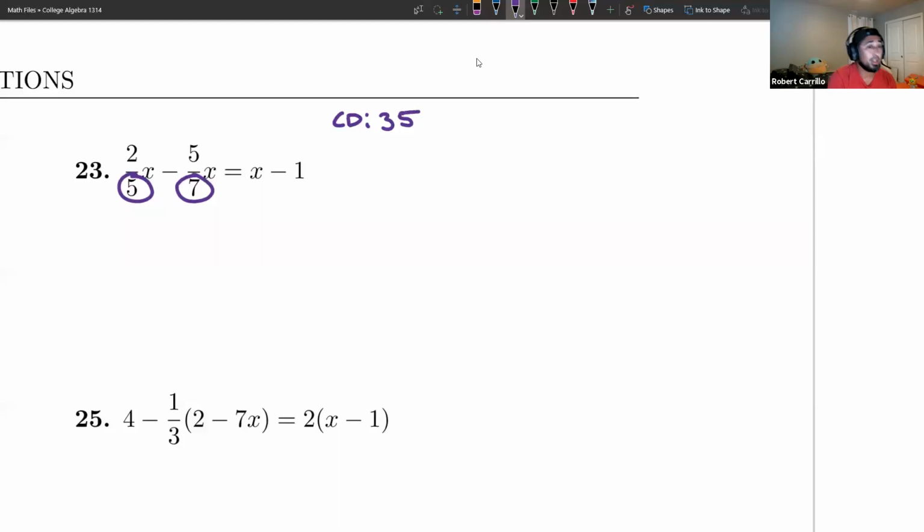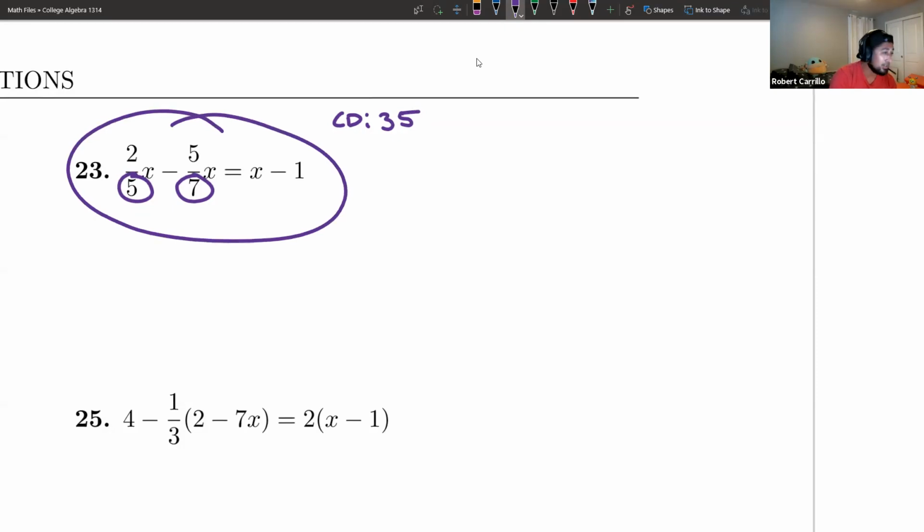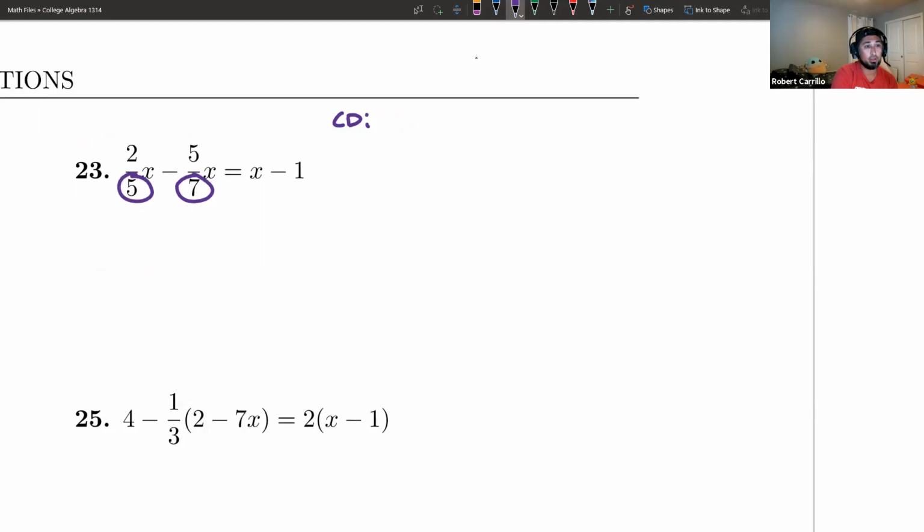35. So if we're going to get rid of fractions completely, this means you need to multiply the whole equation by 35. So that's what we're going to do. Keep that and that.